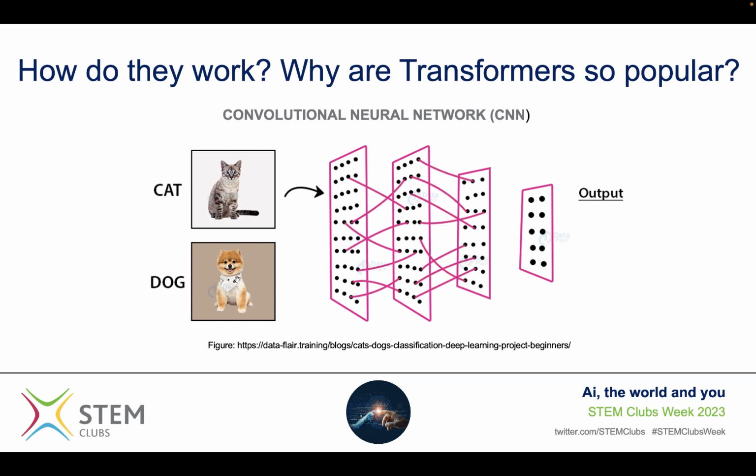There are certain kinds of neural networks, and here you can see a convolutional neural network. This is a very popular kind of neural network in computer vision. You can see the individual neurons here as the black dots, and they're connected to other layers of neurons. The neural network would see an image here, for example, a cat or a dog.